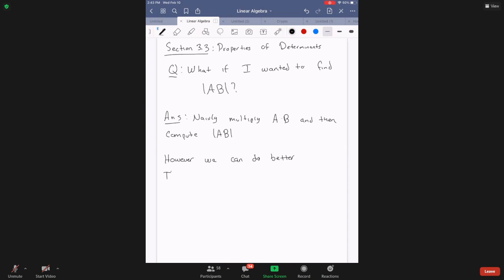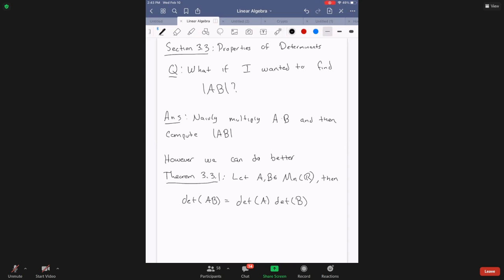So let's do theorem 3.3.1, okay? So let's say you had A and B, then the determinant of A times B is simply the determinant of A times the determinant of B, okay?